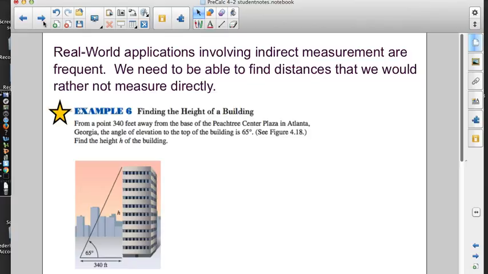Just to make it a little more tricky, please convert your decimal into inches. So give me this many feet and this many inches. We'll just go to the nearest inch.